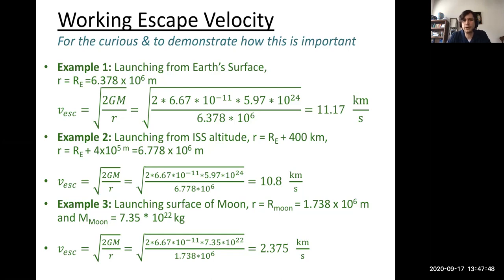Well, we're 400 more kilometers away, so I can add that to Earth's radius. Just add 400 kilometers to this number right here. And notice that if launching from the International Space Station, it's 10.8 kilometers per second. Less. I move further away from the surface of the Earth, and if I want to consider the escape velocity from that point, the value is smaller.